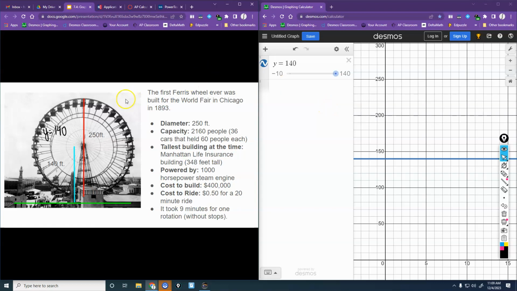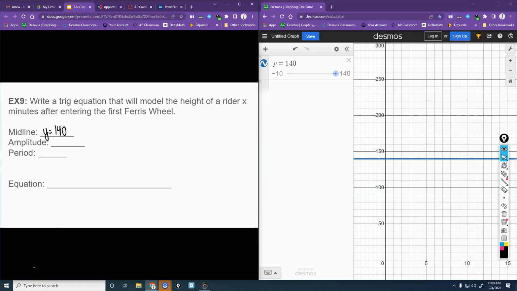So the midline from the highest point to the lowest point of this, your diameter, is 250. The amplitude is just from the middle to the lowest point, right? So if we take 250 and divide it by 2, we're going to get 125. That should be our amplitude.